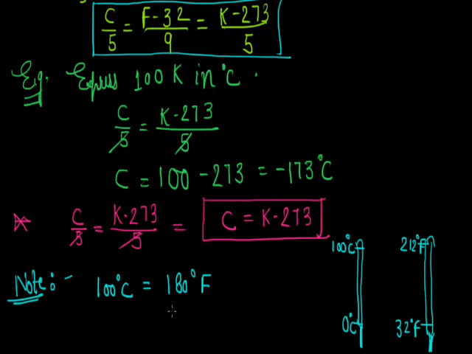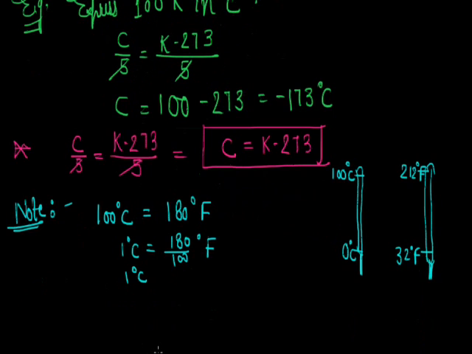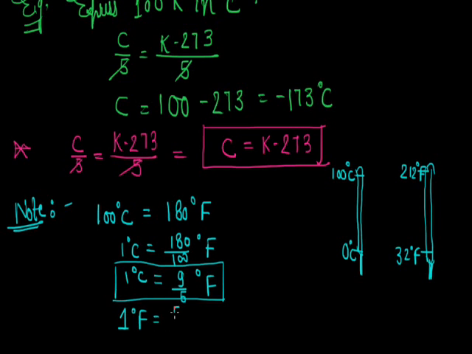From this, 1 degree centigrade equals 180 upon 100 degree Fahrenheit, which means 1 degree centigrade equals 9 by 5 degree Fahrenheit, or 1 degree Fahrenheit equals 5 by 9 degree centigrade.